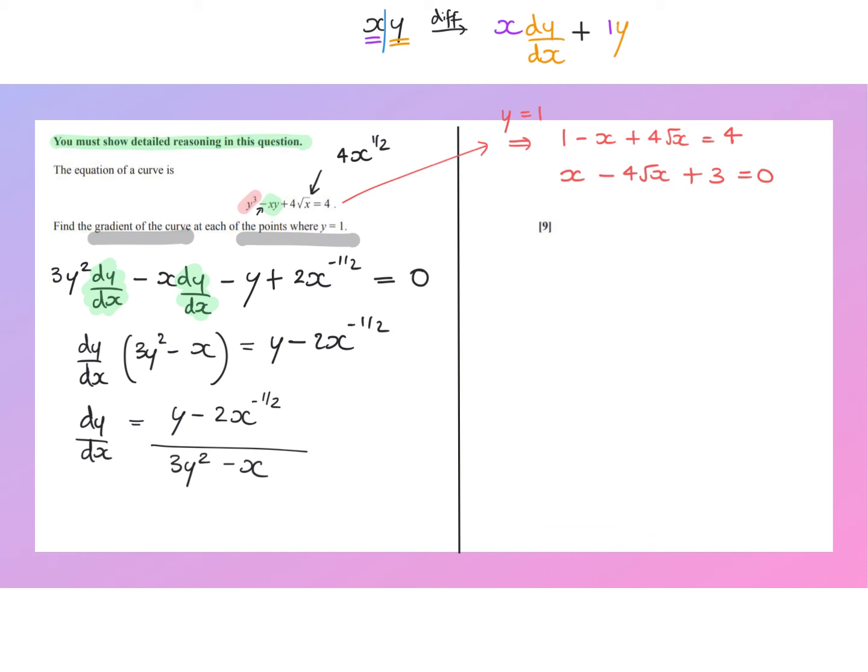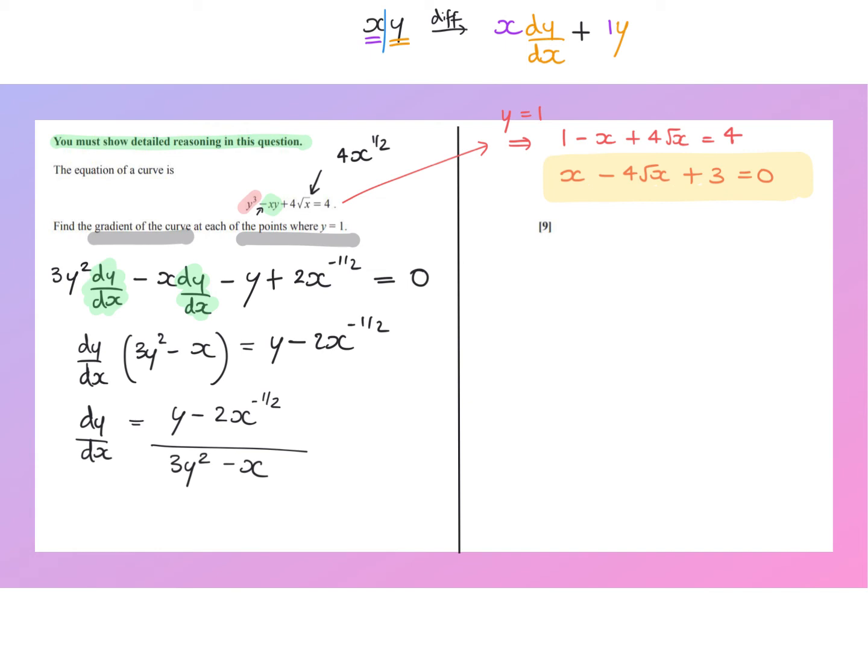And this is quite an interesting equation because it's actually in the format of a quadratic equation in disguise. Now, how do I sort of see that? Well, the connection is with the x and the root x. Rather than an x squared and an x, we've got an x and a root x.